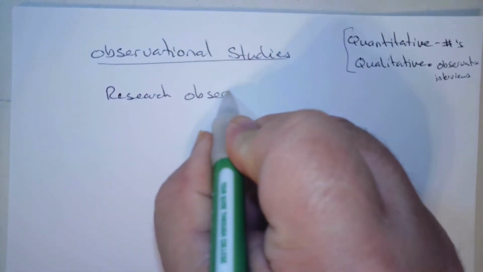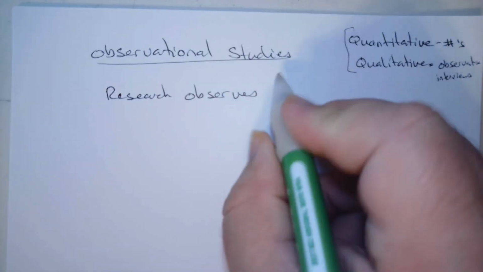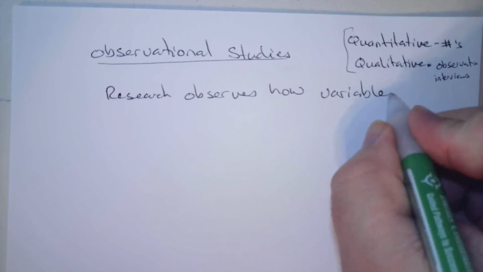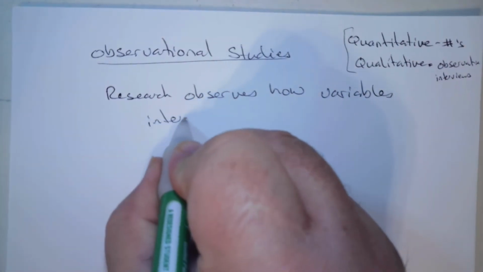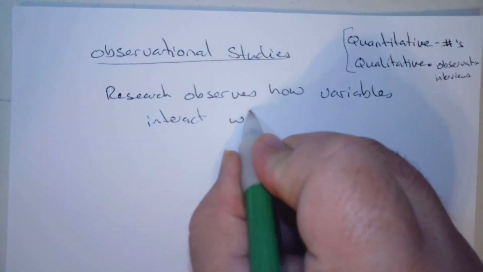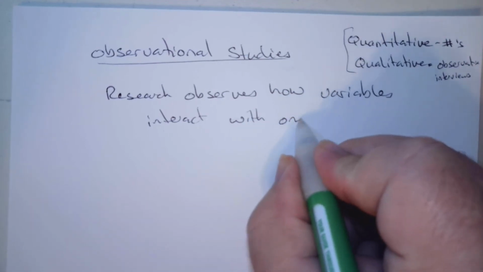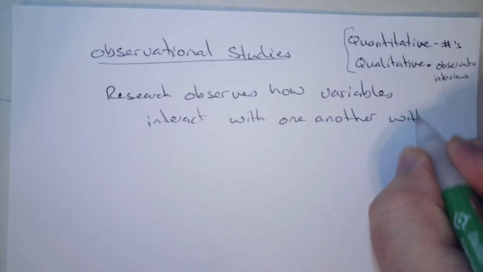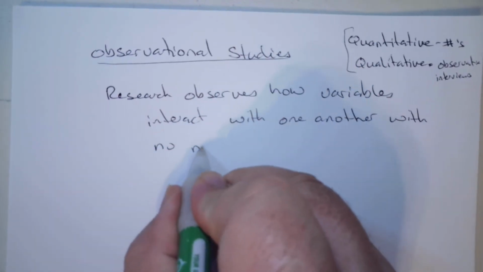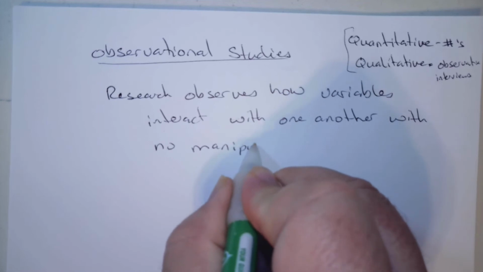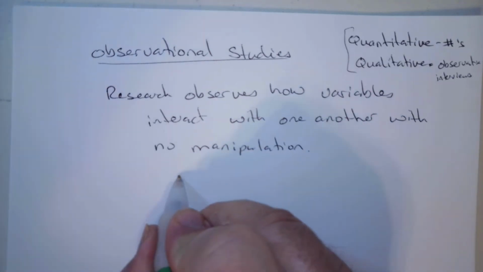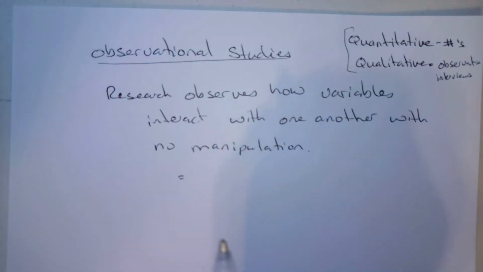All right, observational studies. Research observes how variables interact with one another with no manipulations. That's an observational study. You observe what people do. You observe how they do it, where they do it, why.